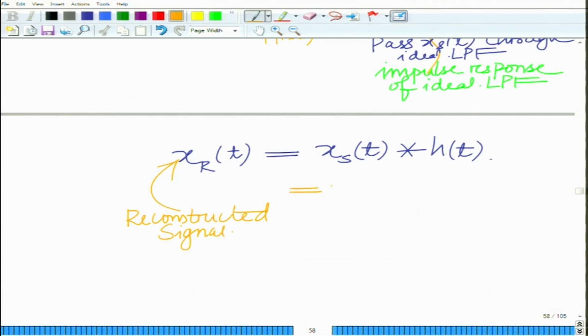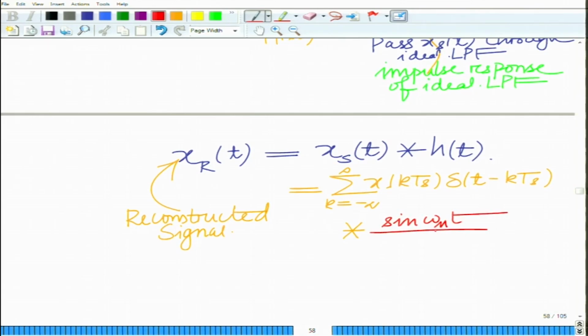This is equal to the summation over k from minus infinity to infinity of x of k Ts delta of t minus k Ts, convolved with sin of omega m t divided by pi t times Ts.